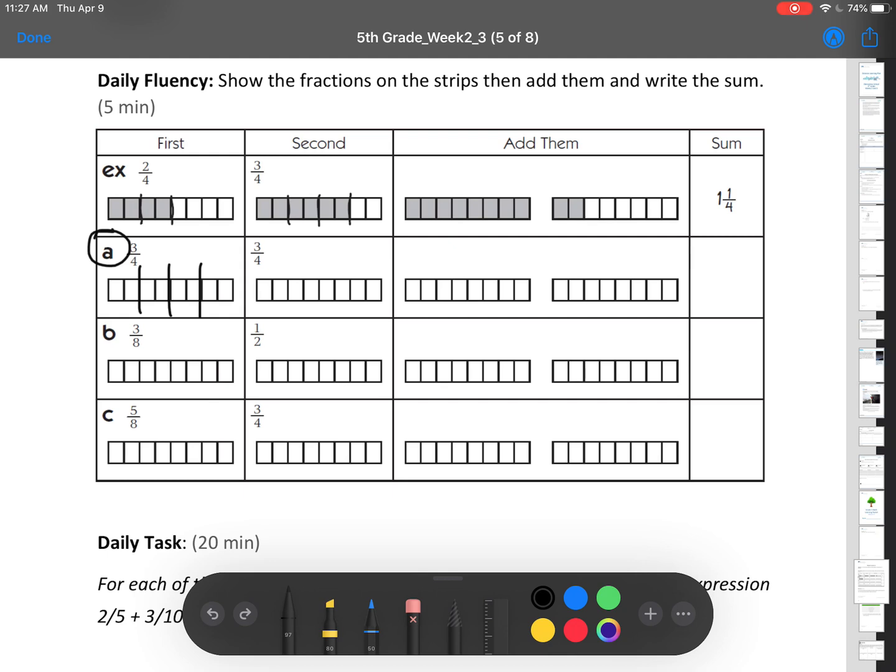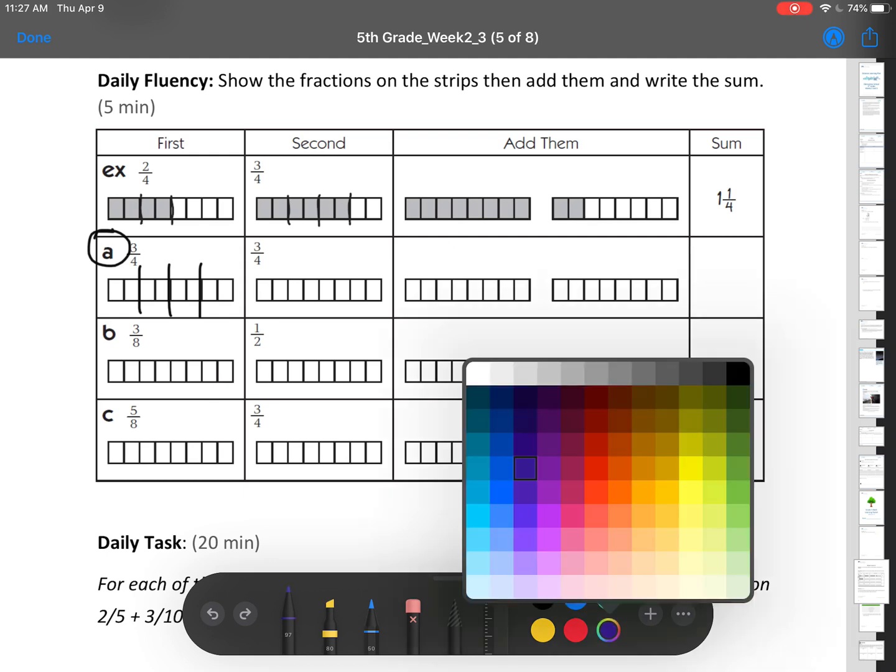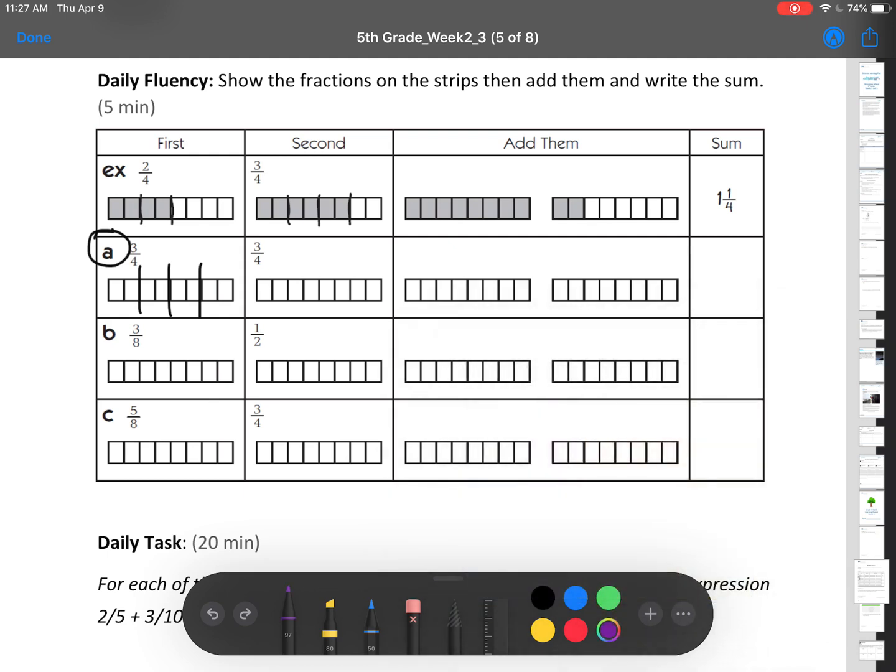And I'm going to shade in 3 of those, okay? So I am going to shade in 1 group, 2 groups, and 3 groups, right? So now I've shaded in 3/4, okay? All right, now I'm going to do the same thing over on the next one.